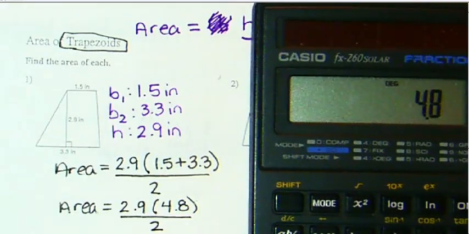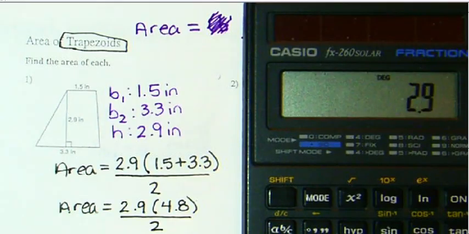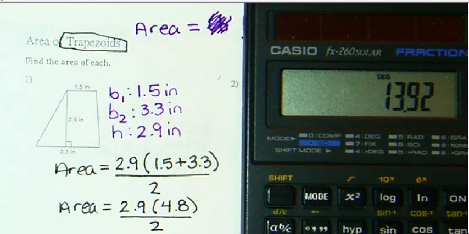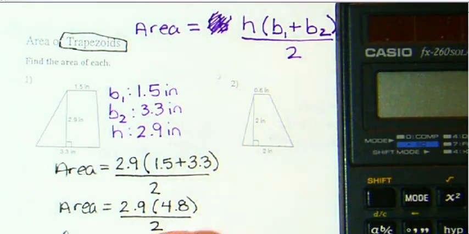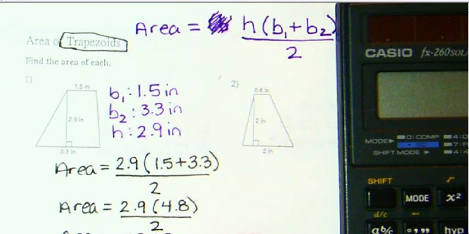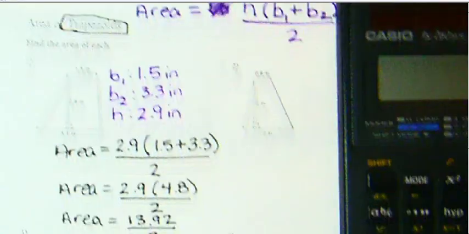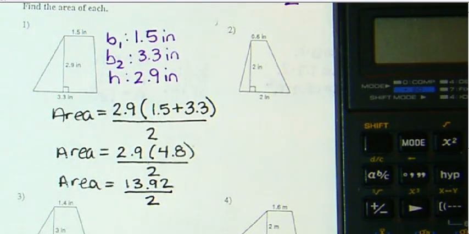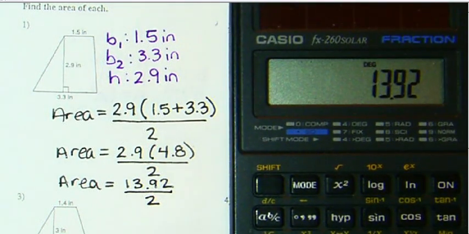I'm going to take my 4.8 and times it by 2.9, and that will give me 13.92. Again, showing your processes. Area equals 13.92 divided by 2. All right, so I still got 13.92 in my calculator.